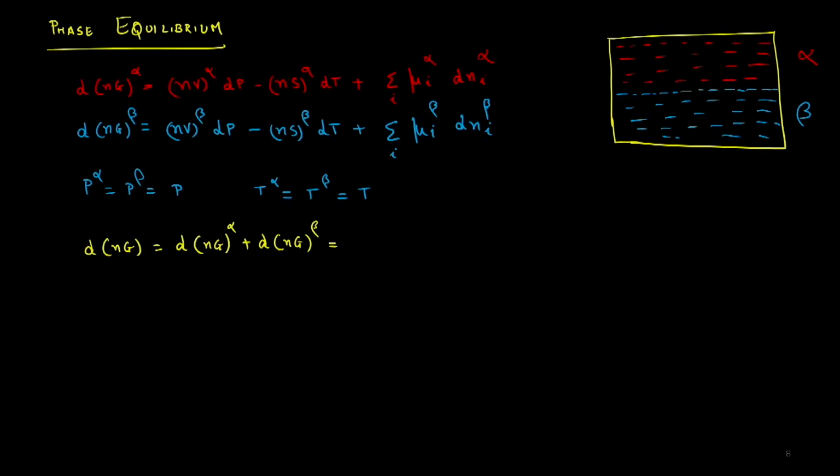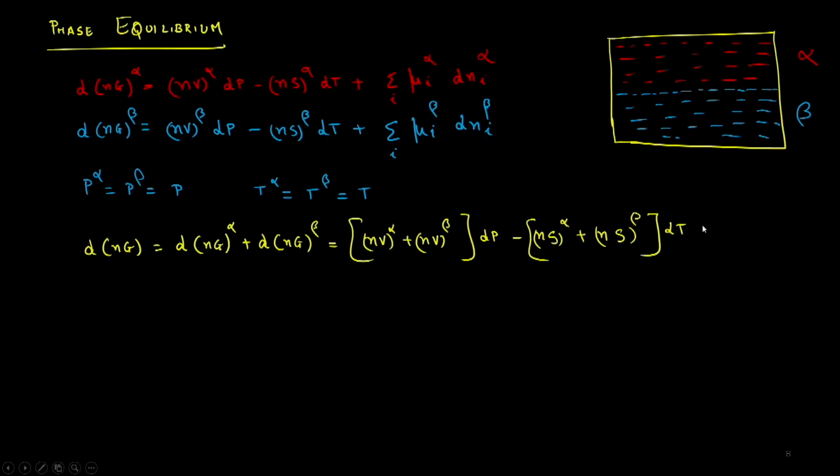And it's going to be Nv alpha phase plus Nv beta phase, dP, minus Ns for the alpha phase plus Ns for the beta phase, dT, plus mu i for the alpha phase dNi alpha plus mu i for the beta phase dNi beta, and summation of this over all the components i.